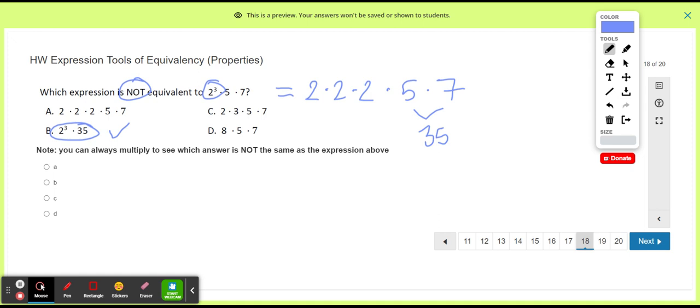So that's going to be equivalent. 2 times 2 is 4. 4 times 2 is 8. So it looks like this is going to be equivalent. And then we've got 2 times 2 times 2, and then 5 times 5. So we are missing some of the factors here, so this is not equivalent.